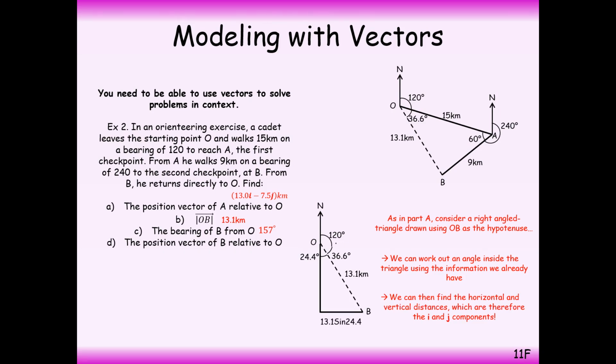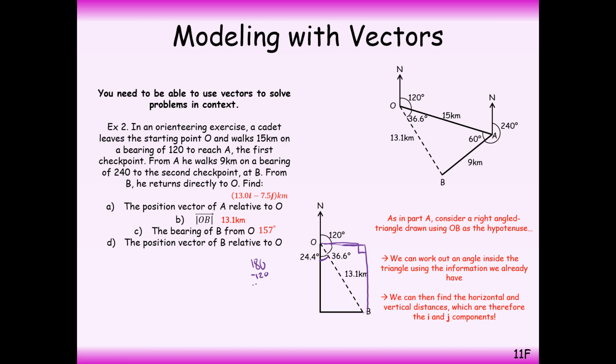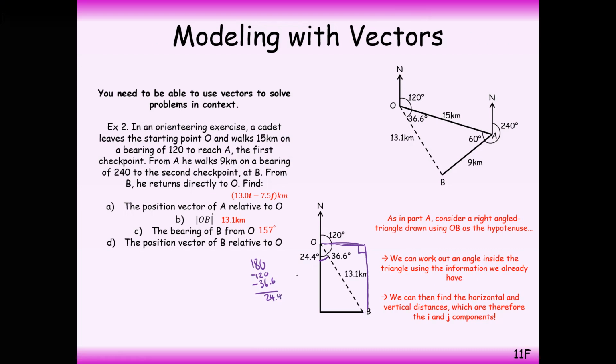It wouldn't be wrong if you drew the right angle like so. The x and y is the same as x and y of this triangle here, so it doesn't matter. Because we know this angle is 36.6, then 180 minus 120 minus 36.6 is 24.4. That's how this angle here came about.